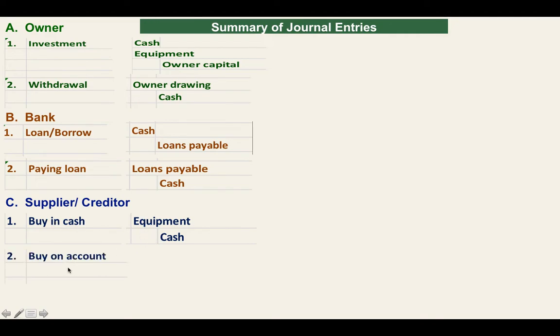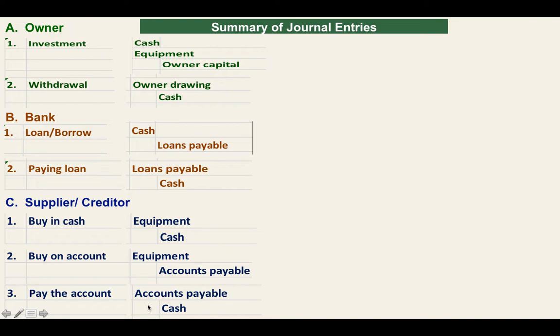And if we are buying on account, we debit what we bought, okay, if we bought equipment again, and credit because on account we will pay later, so we credit accounts payable. So we need to pay this. So if we are paying that, we pay the account, we debit the accounts payable because we are going to reduce the accounts payable with our payment in cash. Okay?